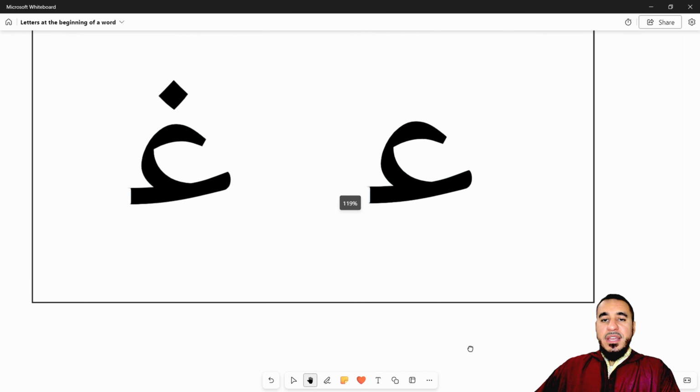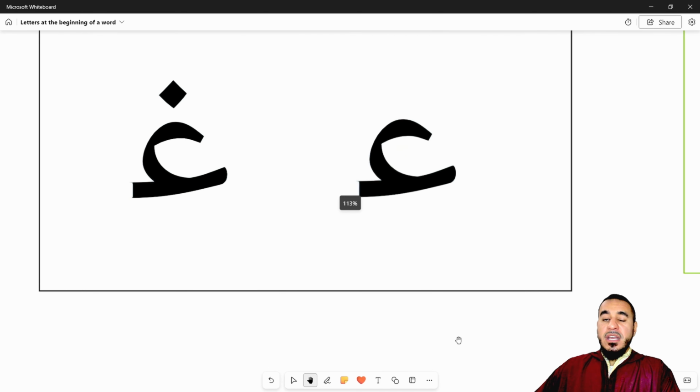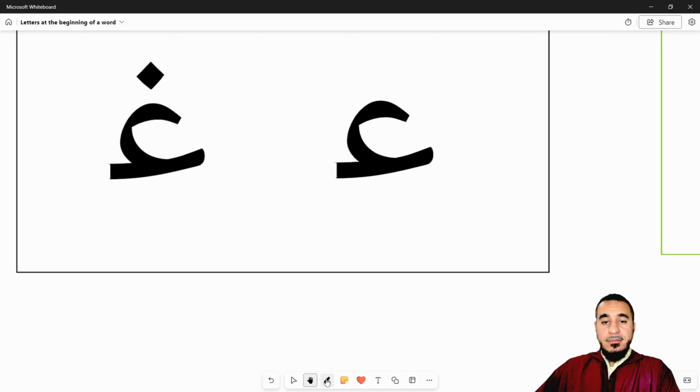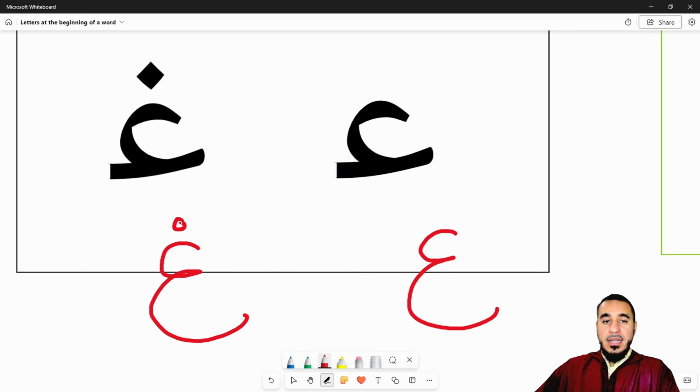Here we have the ayn and ghayn. So these two look quite different from their original singular forms. The ayn looks like this, and the ghayn looks like this, okay, with the dot above it.